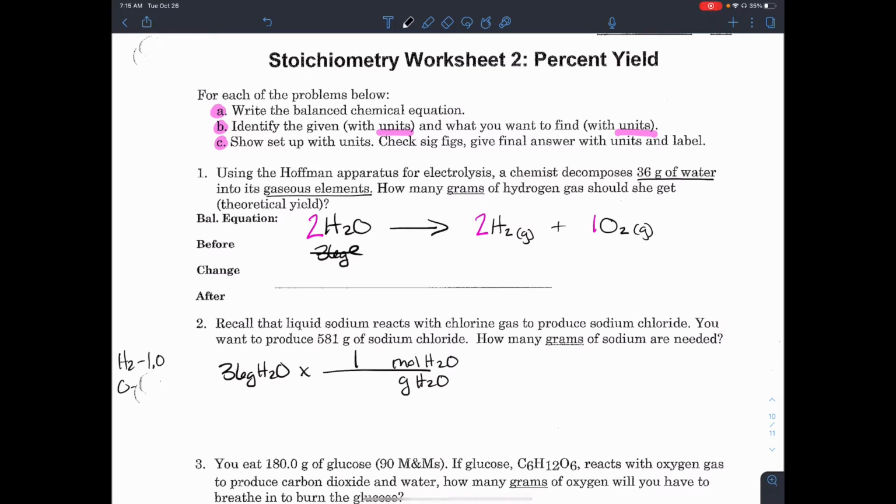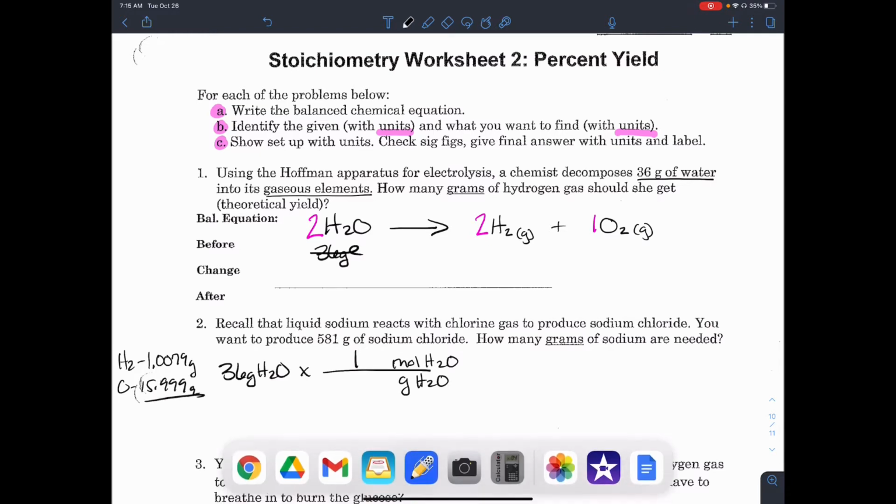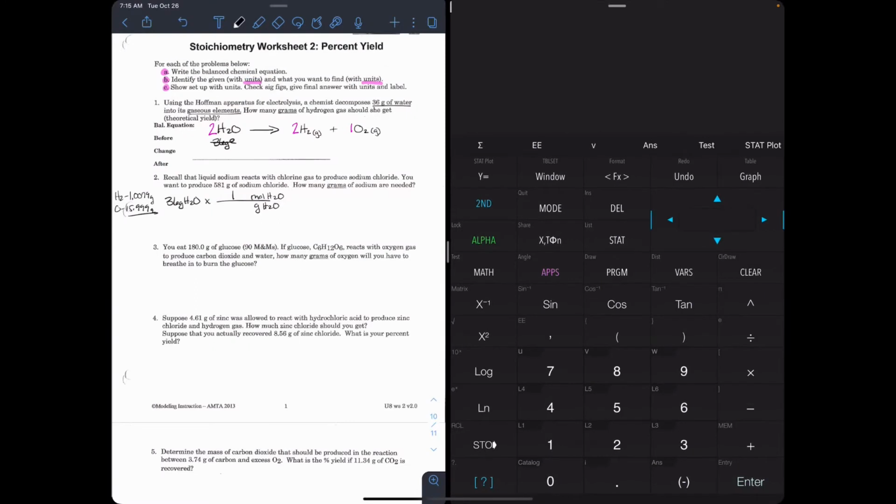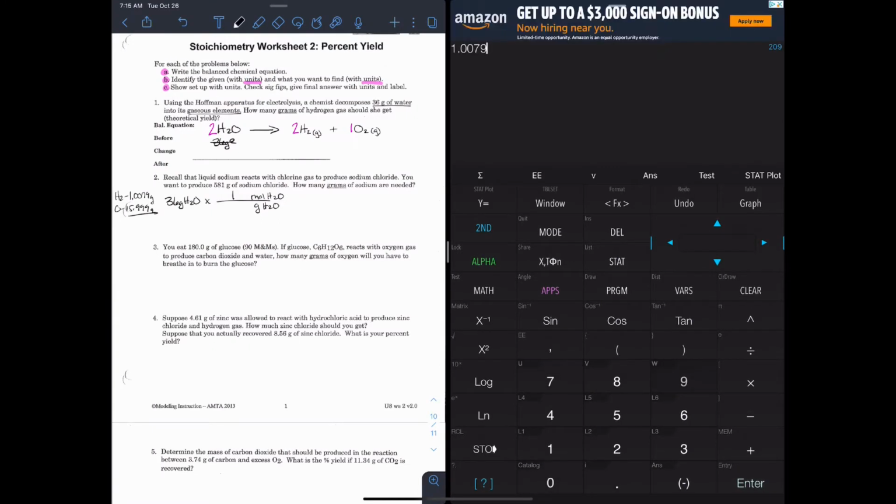H weighs 1.0079 on the periodic chart, and oxygen weighs 15.999 on the periodic chart. So I'll just plug those into my calculator, double the H's, and add the O. And the weight of water is 18.